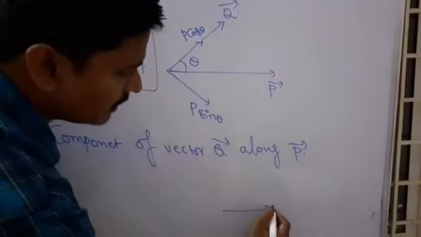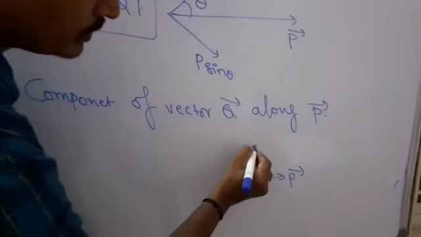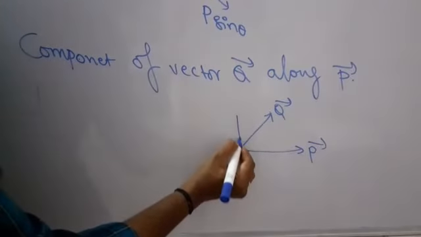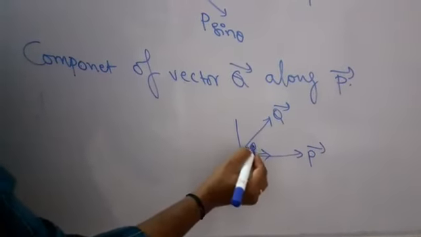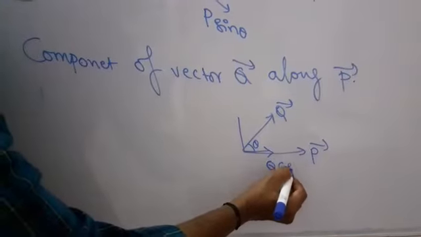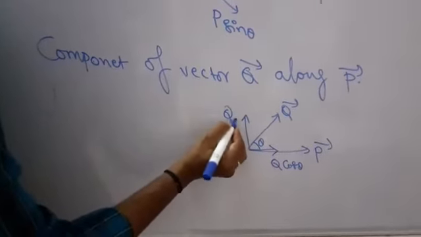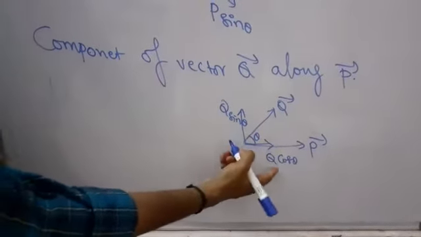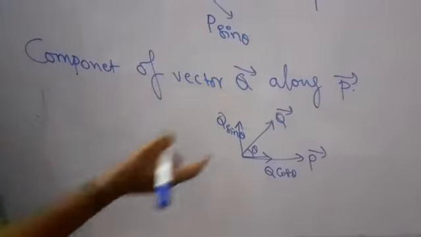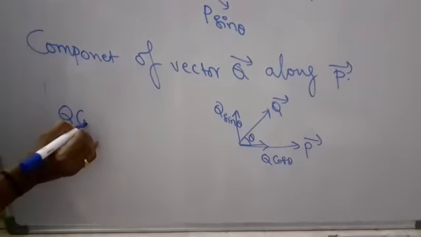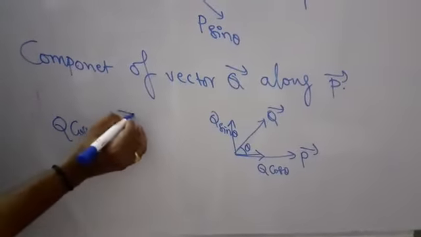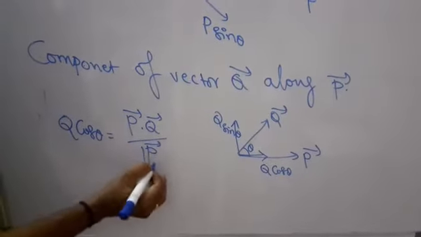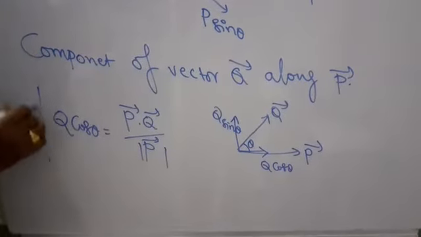So this is the P vector, next the Q vector, and the Q vector can be broken up into two components: Q cos theta and Q sin theta. Therefore the component of Q along P, that is Q cos theta, is equal to P bar dot Q bar divided by mod of P. So this is the component.